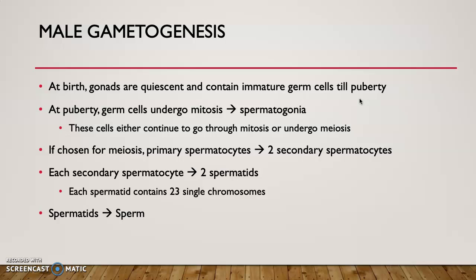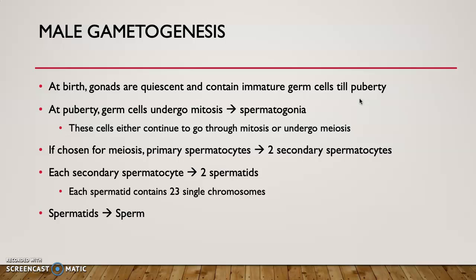And these spermatogonia have two options: to either continue the process of mitosis, or they're chosen to go through the process of meiosis. If they're chosen for meiosis, they're now called primary spermatocytes, as we mentioned earlier. And these primary spermatocytes divide into two secondary spermatocytes, and then each secondary spermatocyte splits into two spermatids.